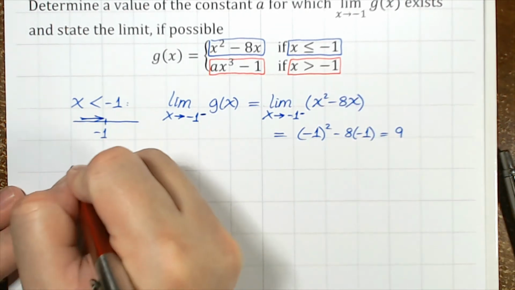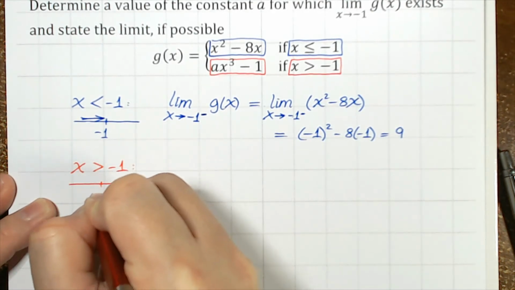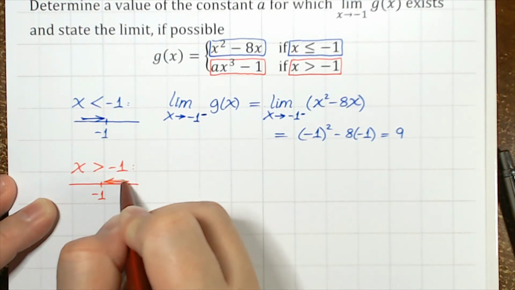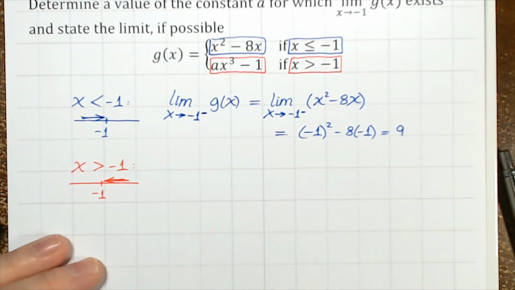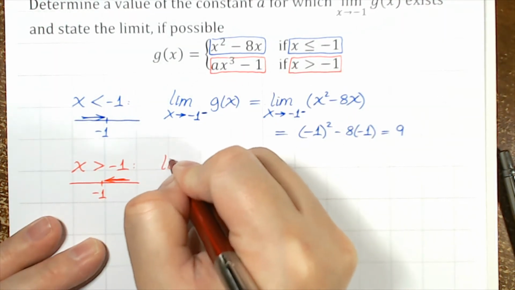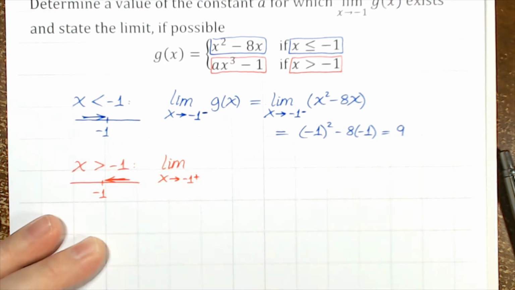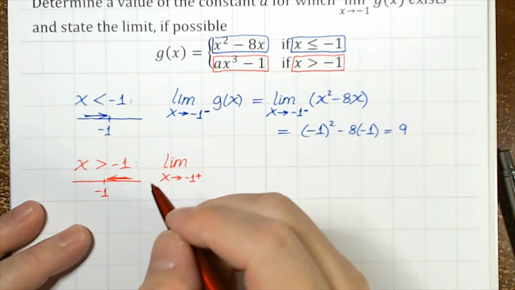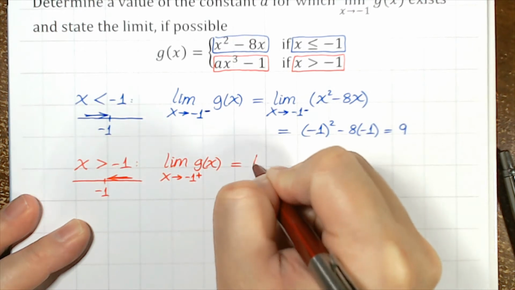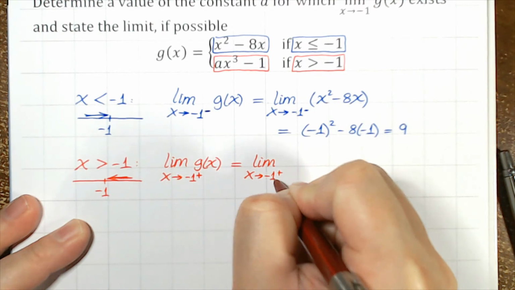When x is greater than -1, it will approach -1 from the right hand side. So we're going to use this part of the function. So the limit when x goes to -1 on the right side, we use the plus superscript, g of x is equal to the limit when x goes to -1 from the right side.